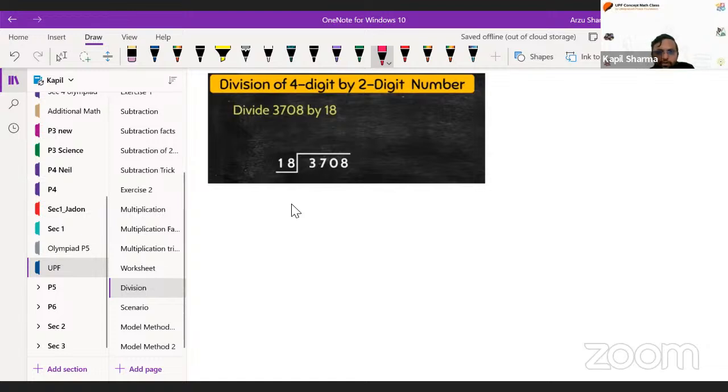Okay, Yashika. Others? Yes, Swastik. So 18 times 2 is 36.